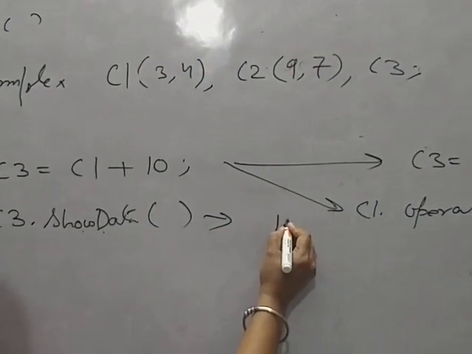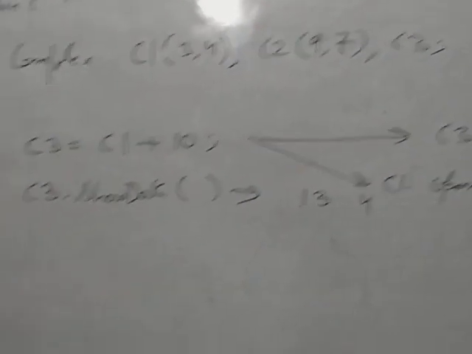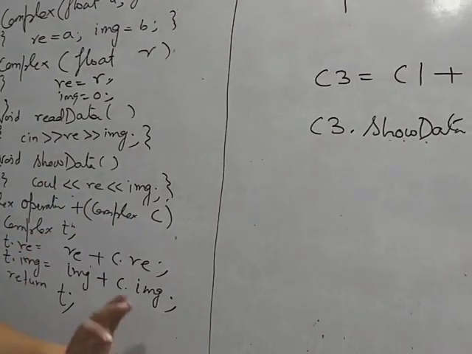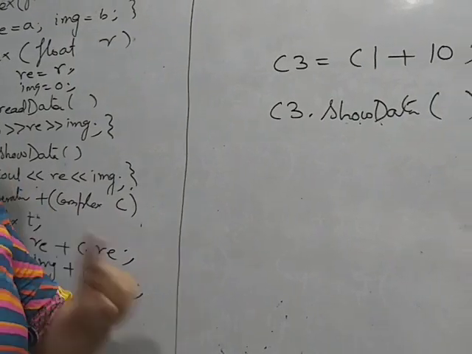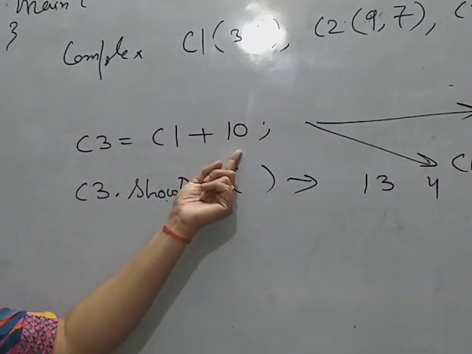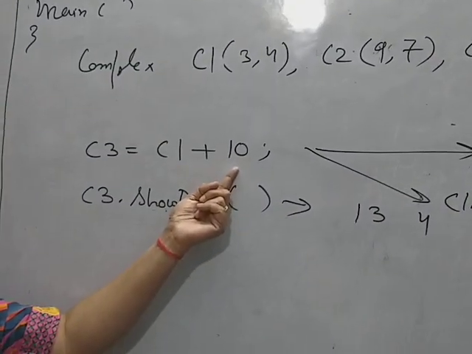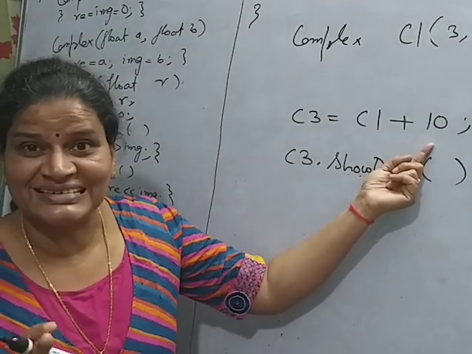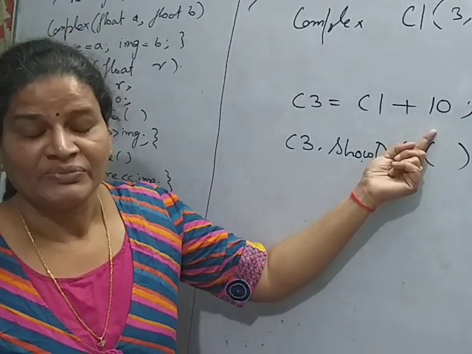3 plus 10, that is 13, and 4 will be its output if you print C3 dot show data. So in this way, note down carefully that at the time of converting a basic data type into a user defined data type, the constructor is called.